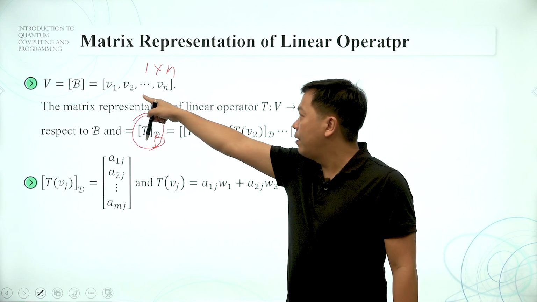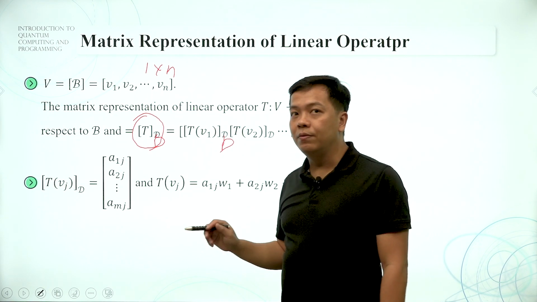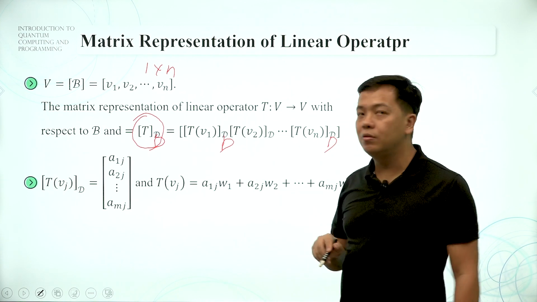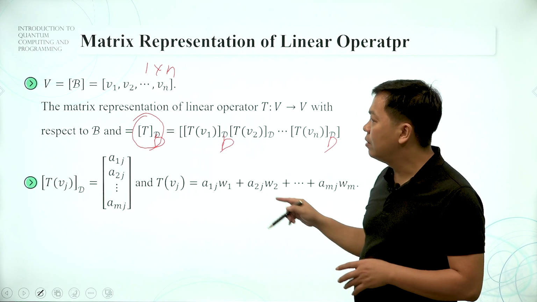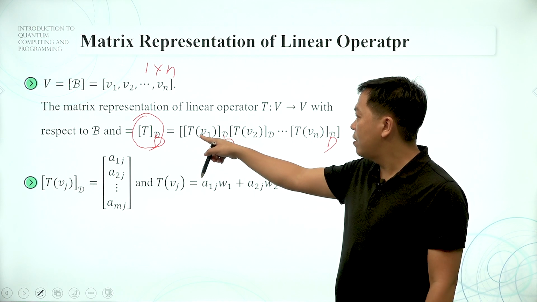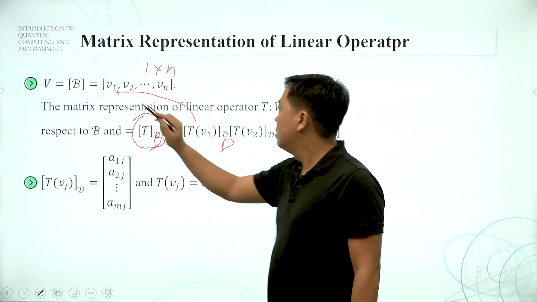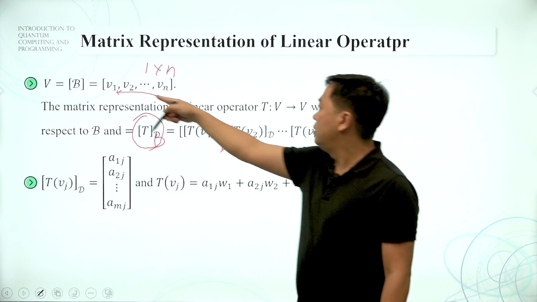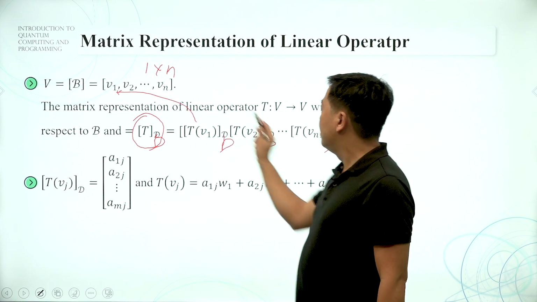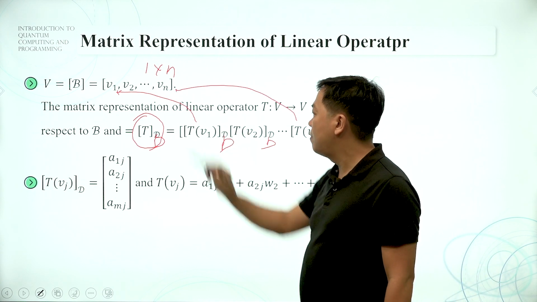If you have a vector v with v1, v2, up to vn, then after we apply the linear operator, the matrix representation can be split into n parts. For example, we apply the linear operator to the first one, and the same for the next part.